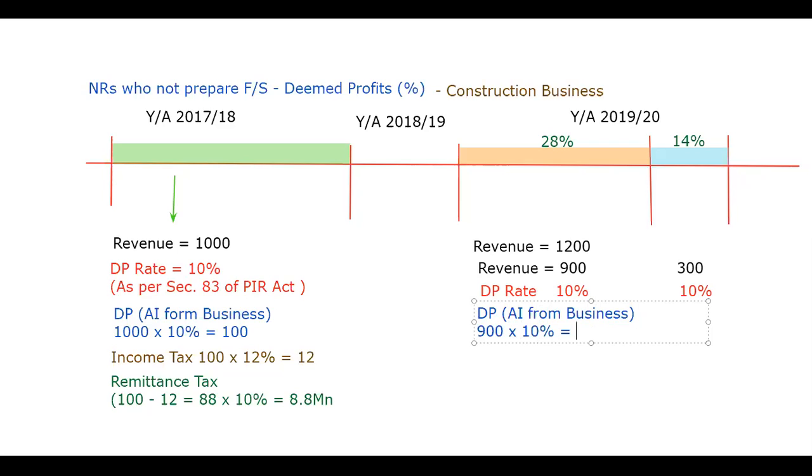The amount is 90. Then here, 300 into 10% is equal to 30. This is how you need to calculate deemed profit.